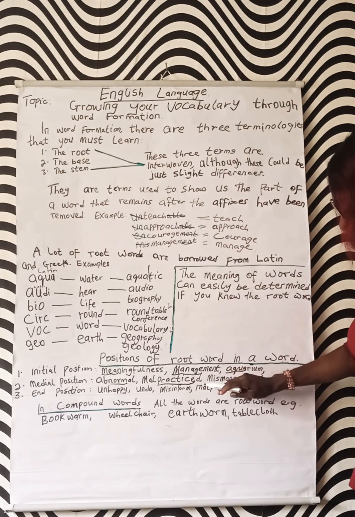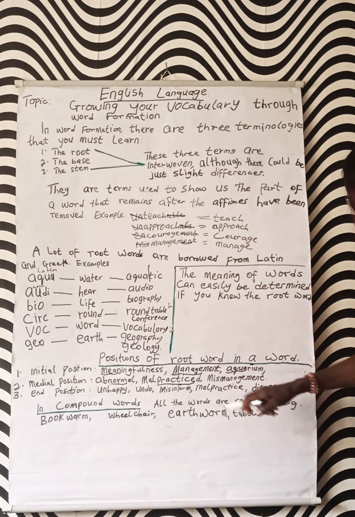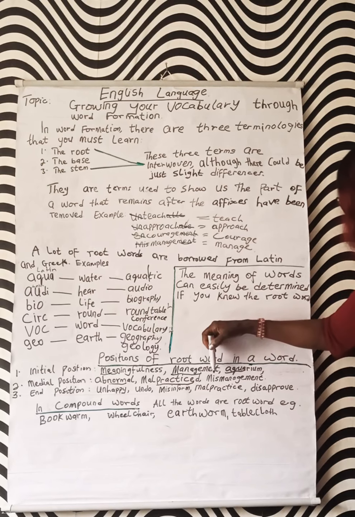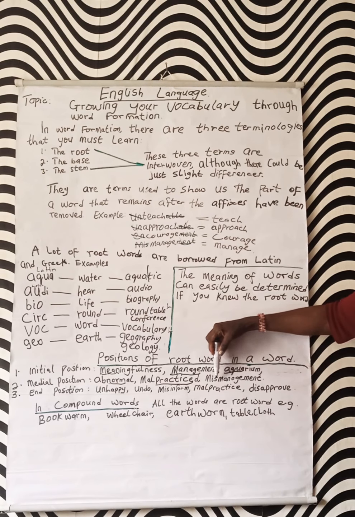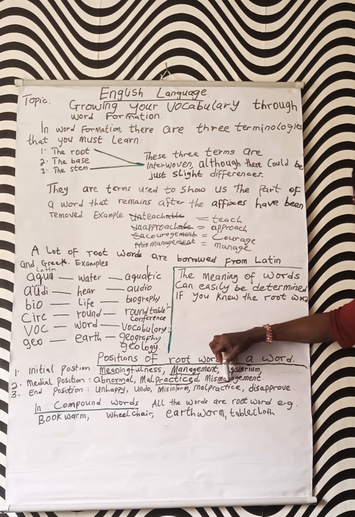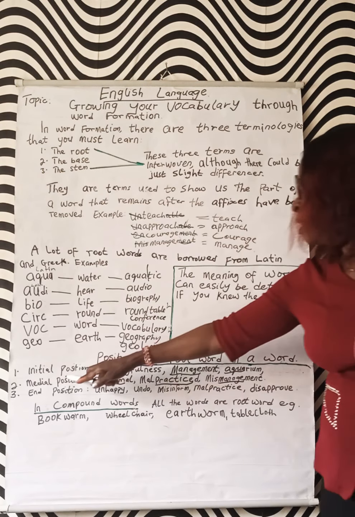Practice. This is a suffix, the past tense. This is a suffix, this is a prefix. Then we also have here mismanagement. Here we have the root word manage. Here is the root word manage at the middle position.